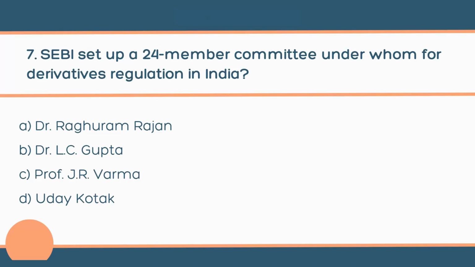SEBI set up a 24-member committee under whom for derivatives regulation in India? Dr. L.C. Gupta. He chaired the committee that developed India's regulatory framework for derivatives. So the answer is B, Dr. L.C. Gupta.